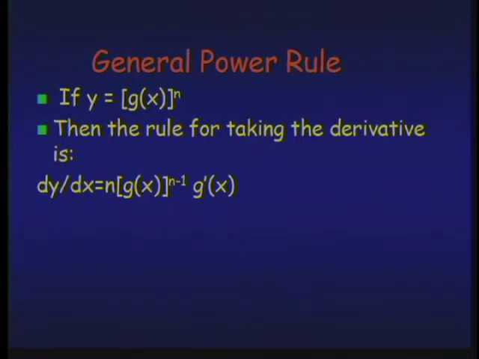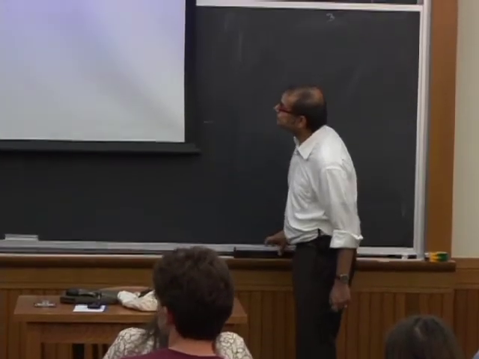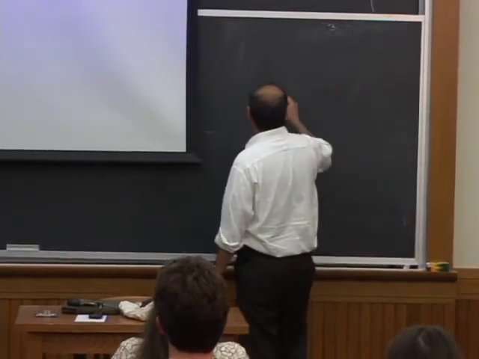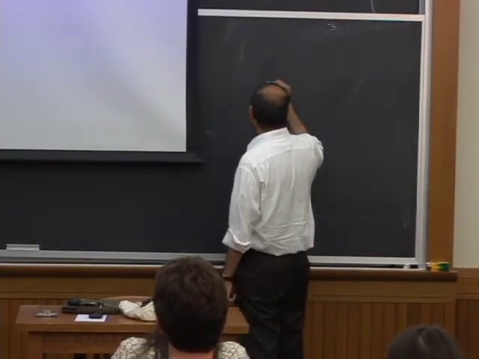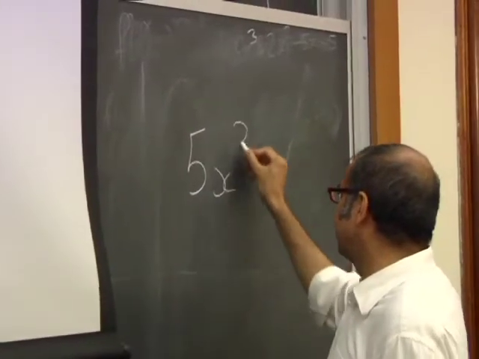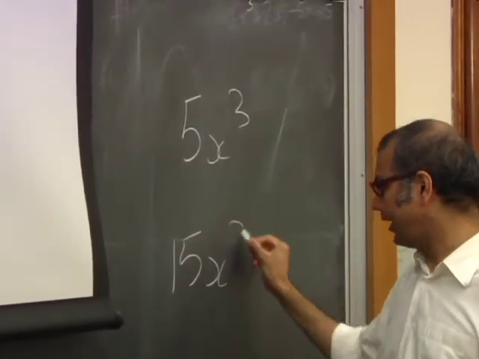So the rule that you're used to is the power rule, but not the general power rule. Okay, so if you take something like 5x cubed, its derivative is 15x squared.